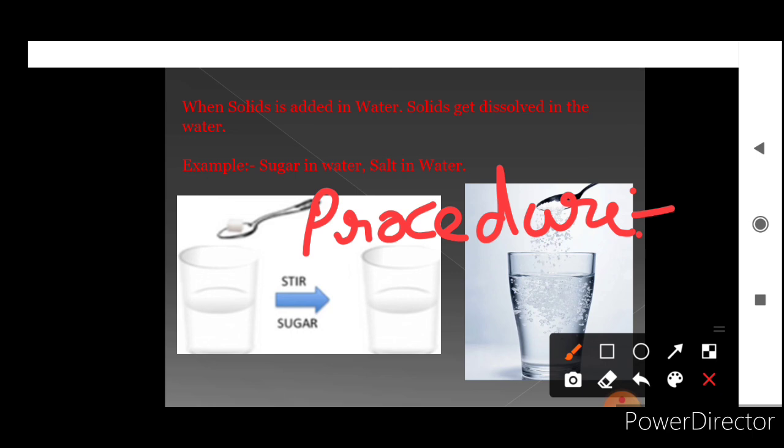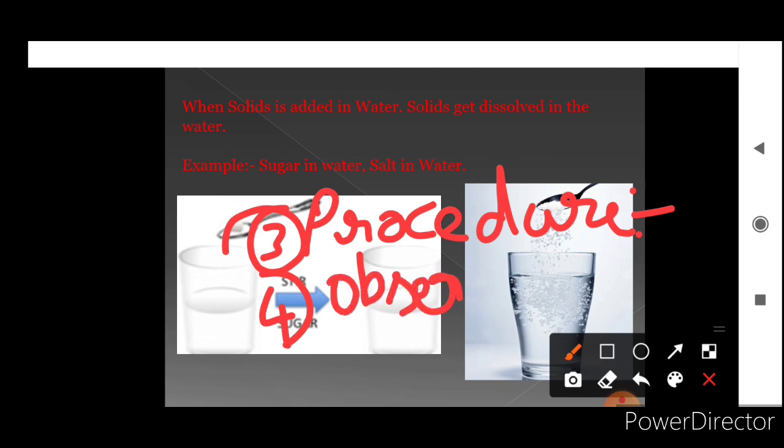Procedure means, I have taken half a glass of water and mixed a tablespoon of salt and stirred it well, like that the whole procedure. And finally write your observation. Aim, materials required, procedure, and finally the inference or observation you write down.